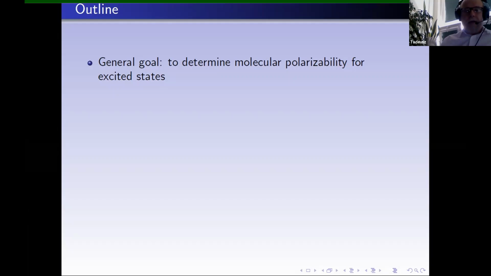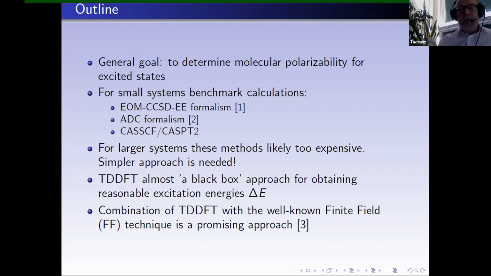So, for small systems, there are some benchmark calculations published recently, and worth mentioning is the equation of motion coupled cluster formalism developed and implemented by the group of Anna Krylov.